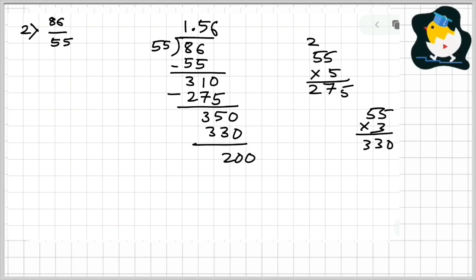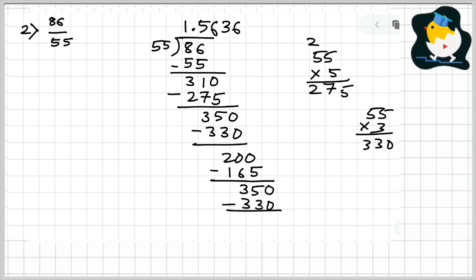I will take 0 more, so we take 55 into 3. 55 into 3 is 165, correct? And 200 minus 165 is again 35, so I will take 350, right?